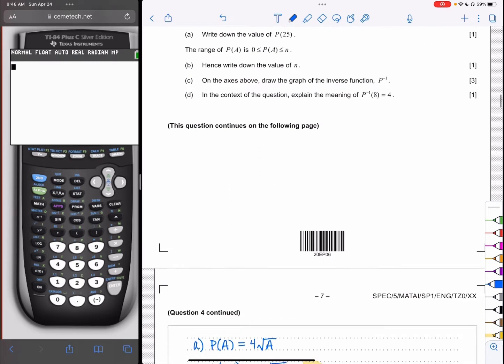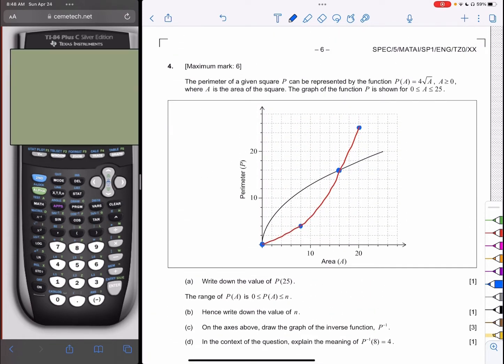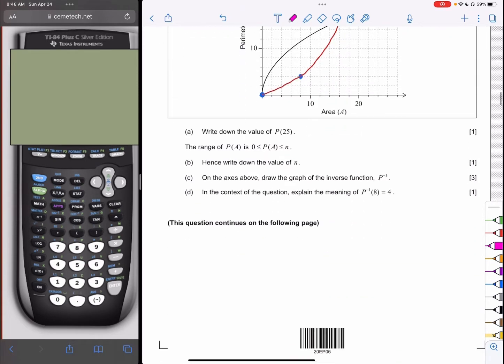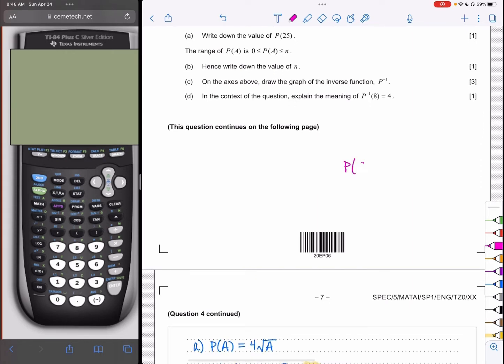So if I say the inverse of P of 8 is equal to 4, then we need to remember that when we had our equation, it was P of A. So we used to have that our independent was A and our dependent was P. So now it's going to swap. If I had P of 8 is equal to 4, that would mean that my area is 8 and my perimeter was 4.